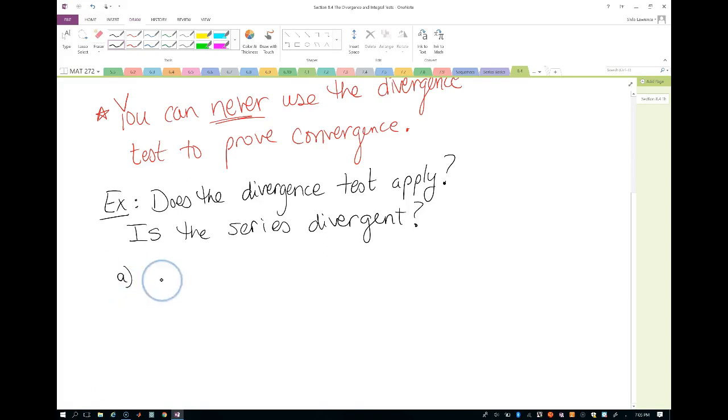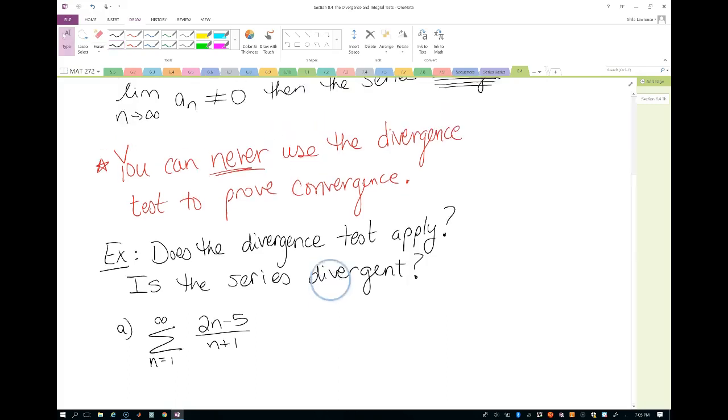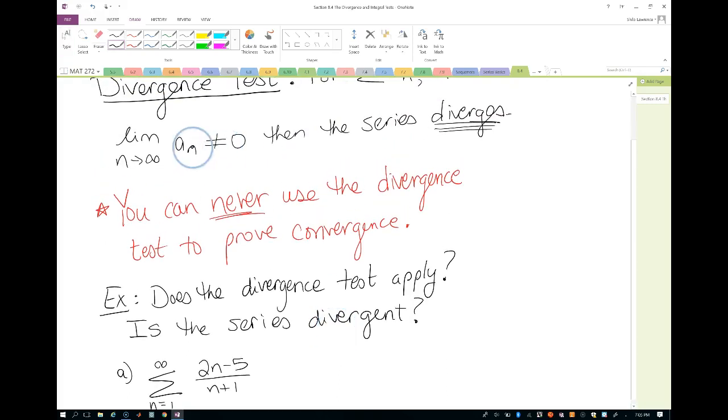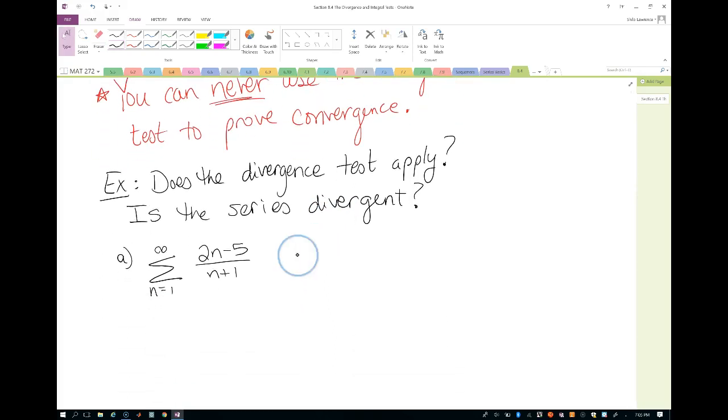So the first one we're going to look at is the sum from 1 to infinity of 2n minus 5 over n plus 1. Since we're specifically told to just use the divergence test here, all we're interested in calculating is our limit. So we want to know the limit as n approaches infinity of 2n minus 5 over n plus 1.